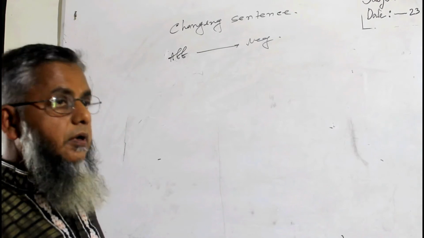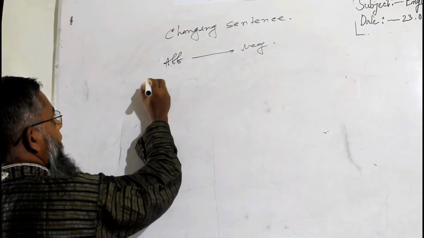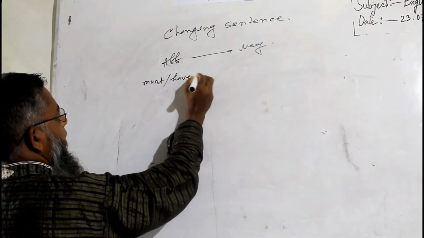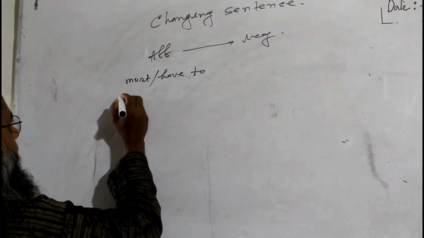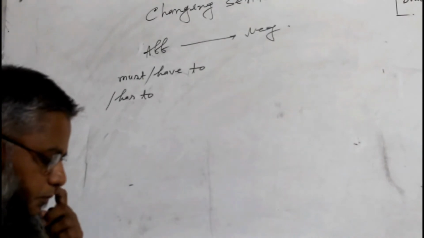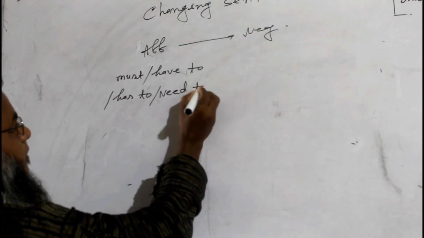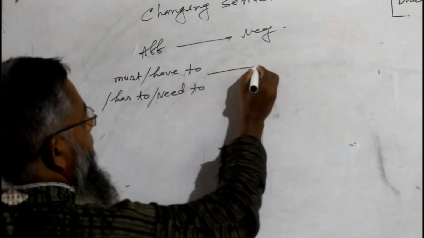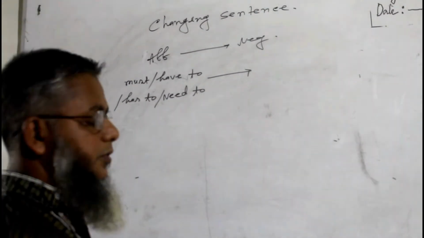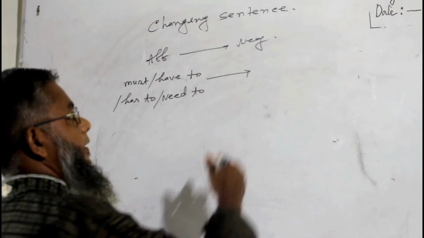If any affirmative sentence has must, have to, has to, need to, and you want to change it into negative sentence, you should use cannot but.